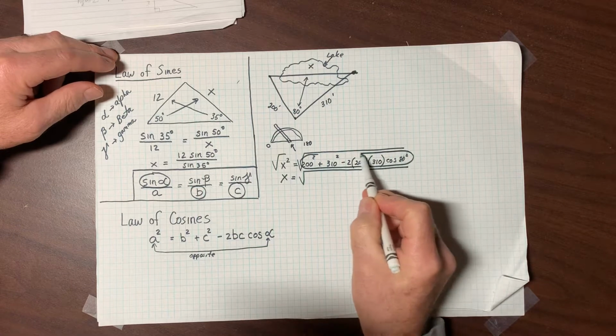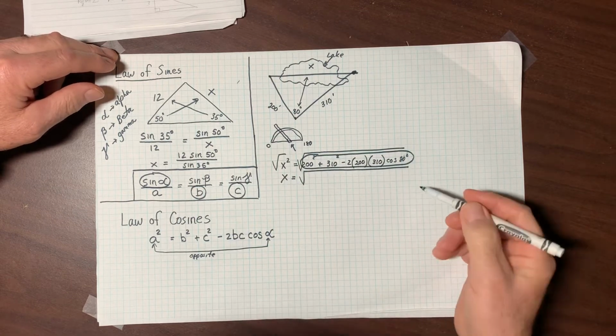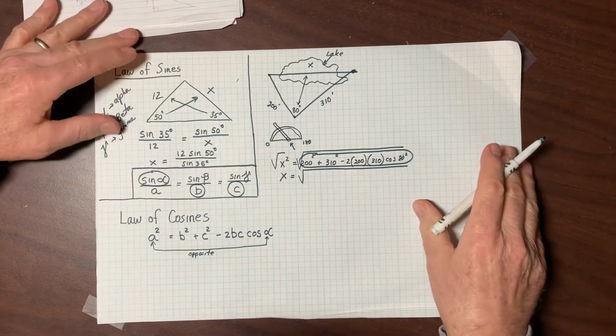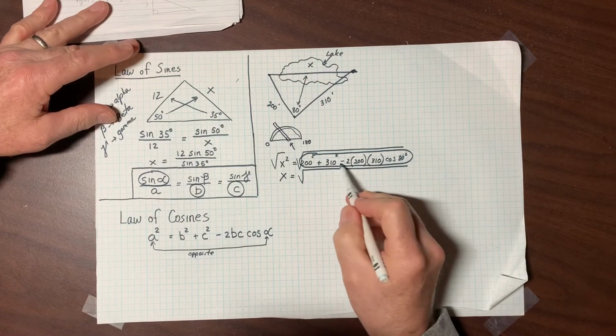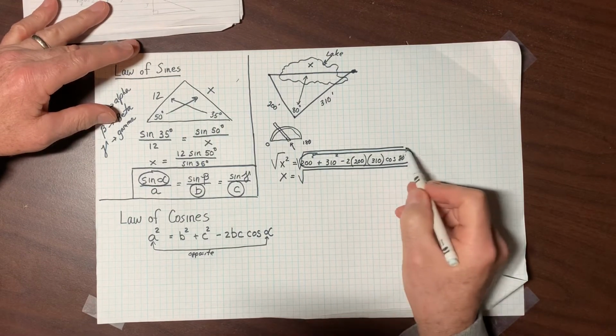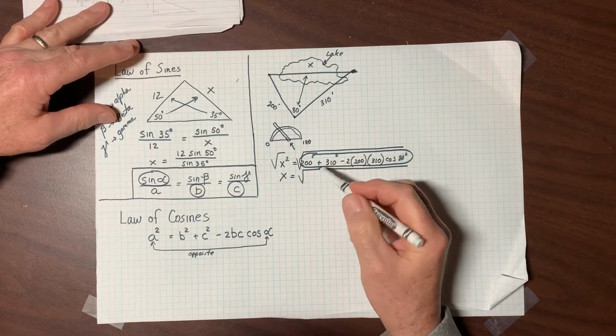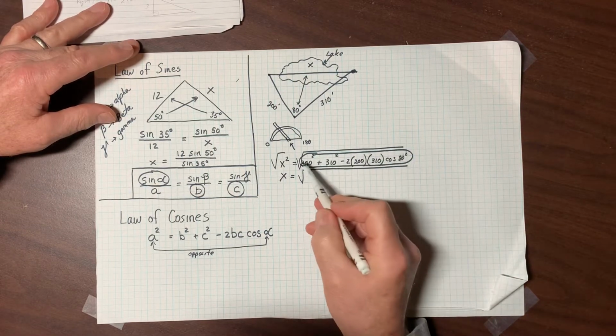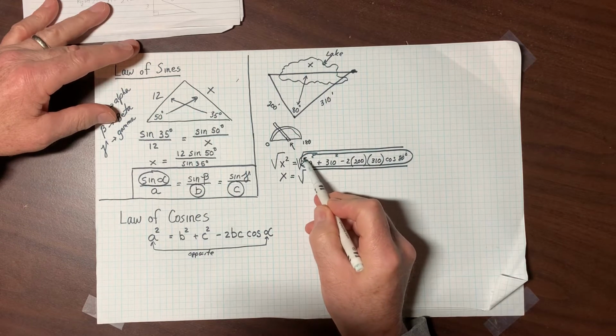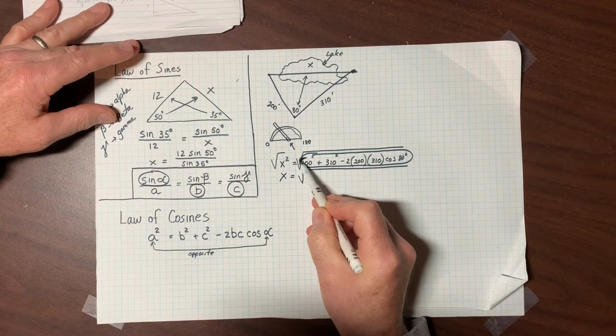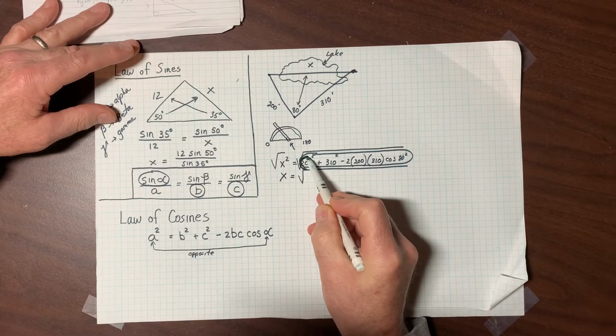It's time to go to the calculator, but let me caution you about something. This is a common mistake. When you enter this under this long radical sign in your calculator, depending on what version of the TI you have, sometimes when you put this in, a parenthesis opens up right here on your calculator screen.